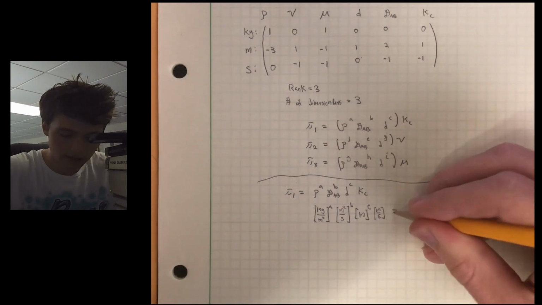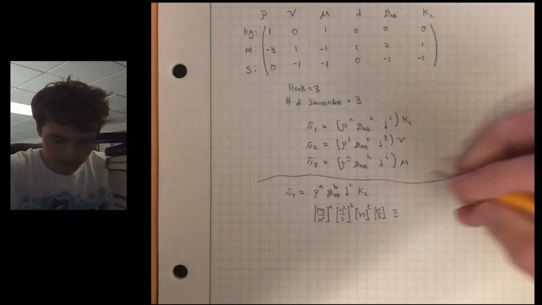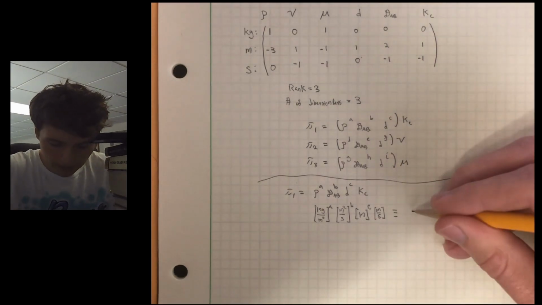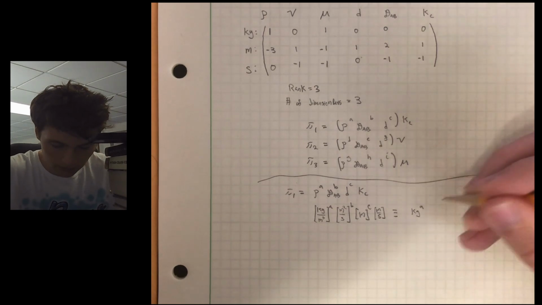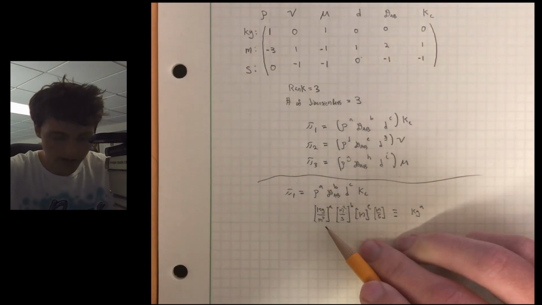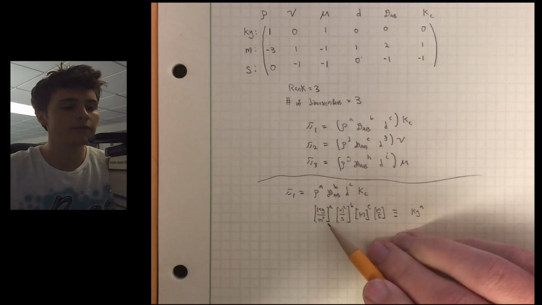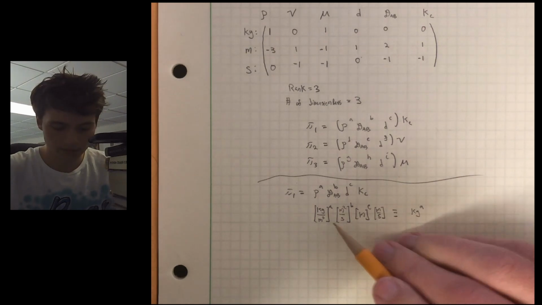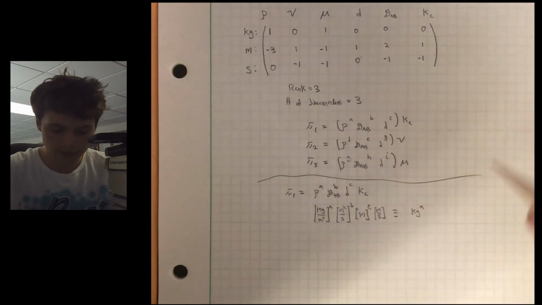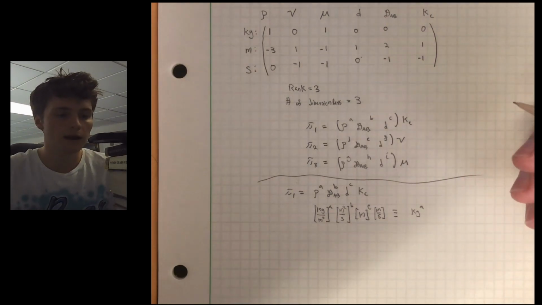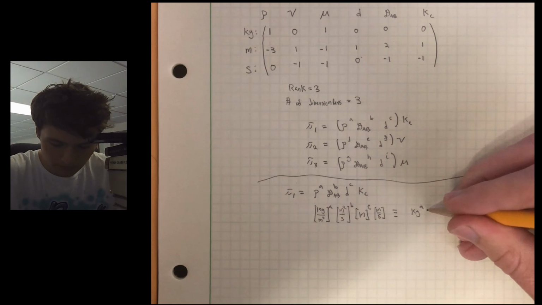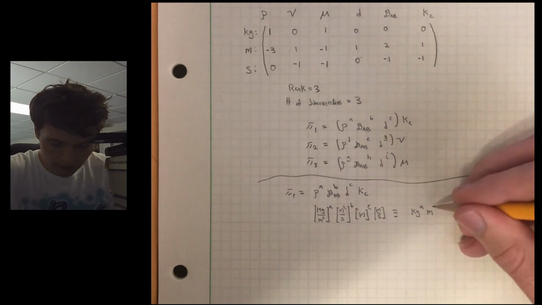If we expand that out, then we get kilograms to the A power. Meters, from here we have negative 3A plus 2B plus C. Just remember that when you multiply, exponents add together.